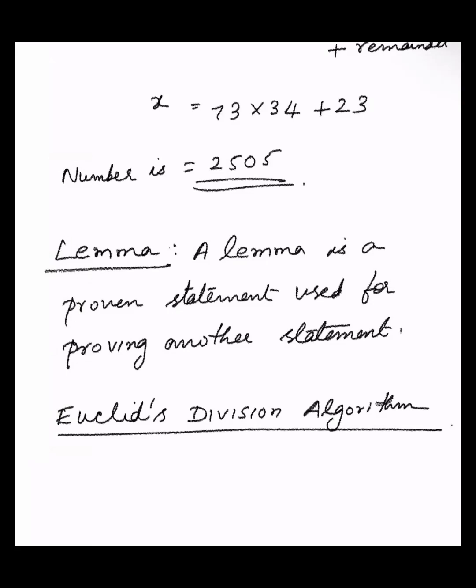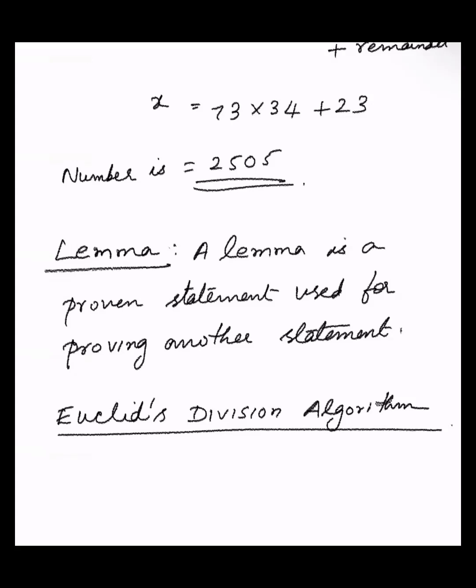So Euclid's division lemma is nothing but dividend is equal to divisor into quotient plus remainder, where remainder will be a number between 0 and the divisor, that is, 0 less than or equal to remainder less than the divisor, right? So this is our Euclid's division lemma.